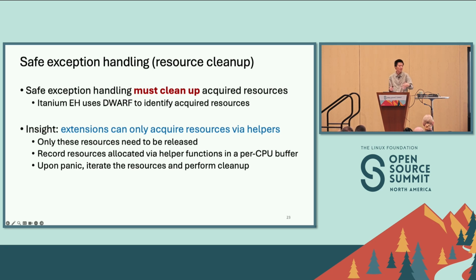But our observation is that it does not need to be so complicated in kernel space, especially for kernel extensions, because those extensions can only acquire resources via helper functions, and only these resources need to be released. So Rex just records the resources allocated by helper functions, provided by the safe abstraction of the Rex kernel crate, into a per-CPU buffer. And upon a panic, the Rex panic handler will just iterate the resources and perform the needed cleanups.